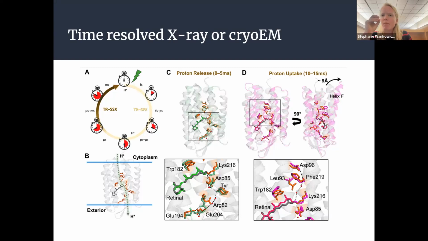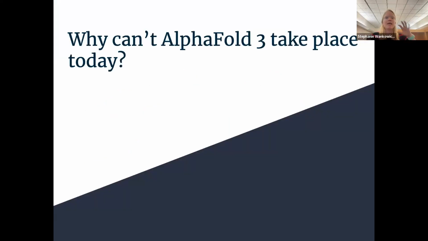Being able to capture all of this information requires us to think about how we are actually encoding this. What are the data structures? So not the structures of the protein, but the actual models and how they're structured and how we're capturing this information. And so, why don't I think that AlphaFold 3 could take place today?